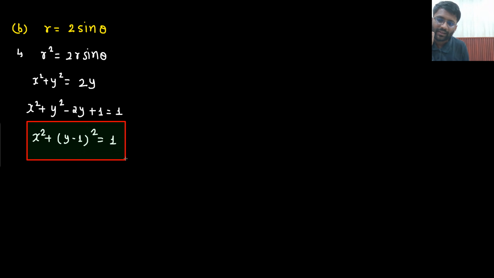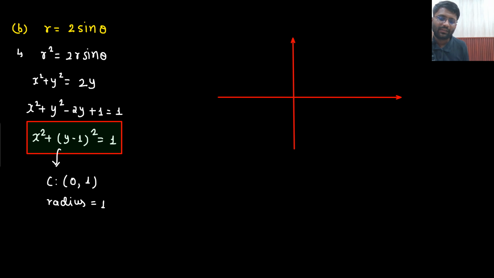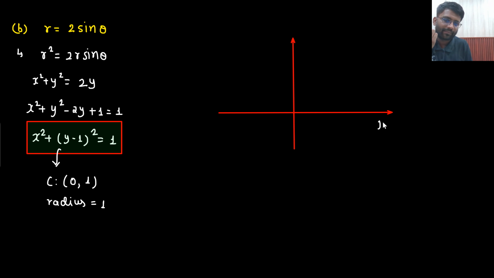This is the equation of a circle which has its center at (0, 1) and a radius of 1.